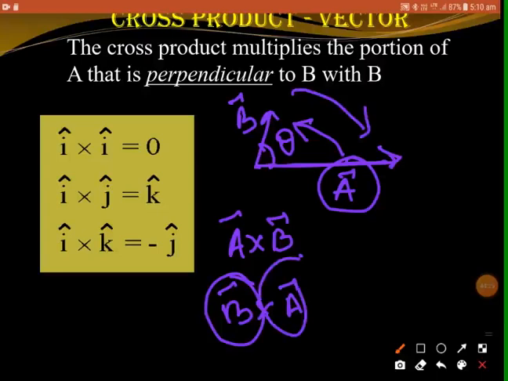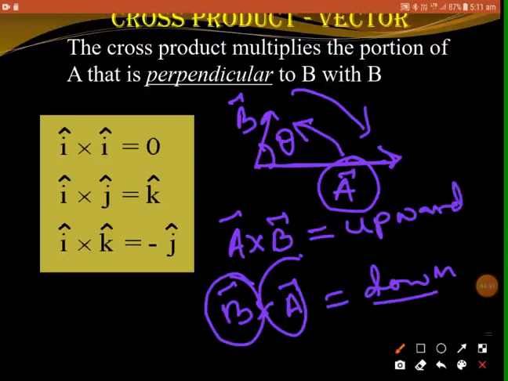Got it? So this will be downward, but A cross B will be upward, toward your face. This one will be inside the mobile, inward, perpendicular to the plane of your mobile.